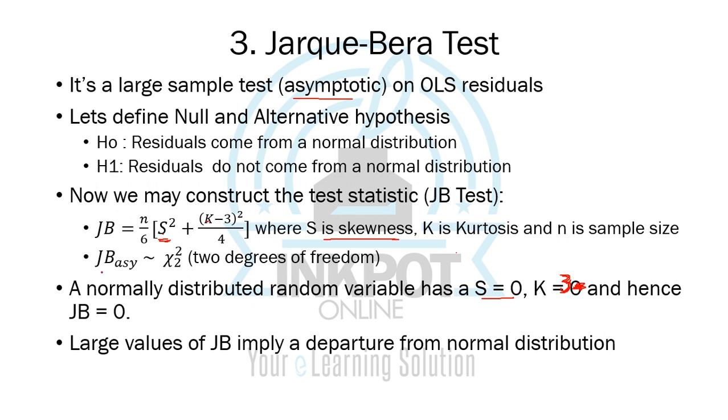This statistic follows a chi-square distribution with 2 degrees of freedom, and naturally if your calculated chi-square value is greater than the critical value of the chi-square distribution, we reject the null hypothesis.